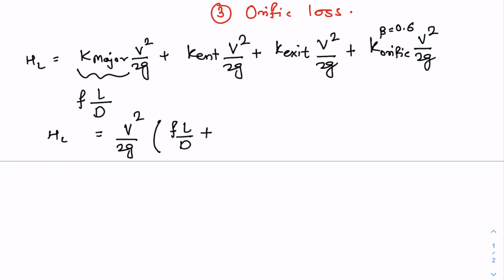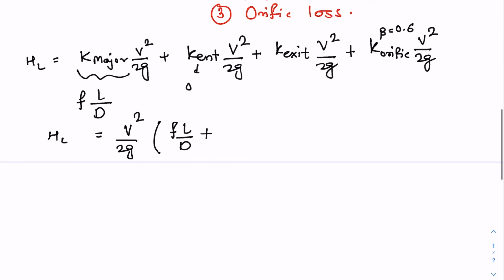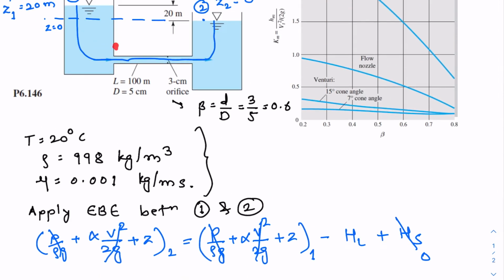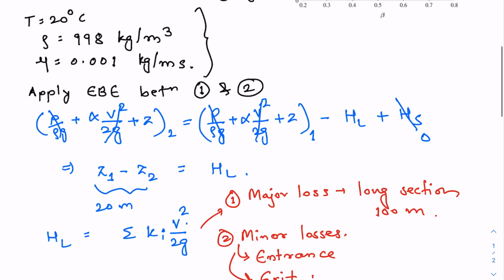Now we can find out the K at the entrance, K at the exit, and K at the orifice from the data given. So from your formula set, K entrance is equal to 0.5 because it is a sharp edged entrance. As you can see, it is a sharp edged entrance, and similarly this exit is also sharp.